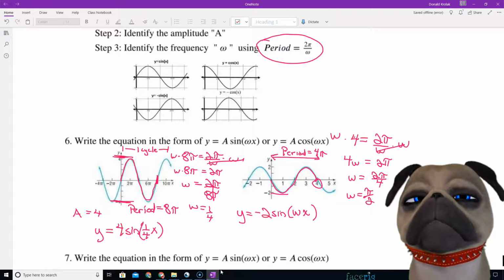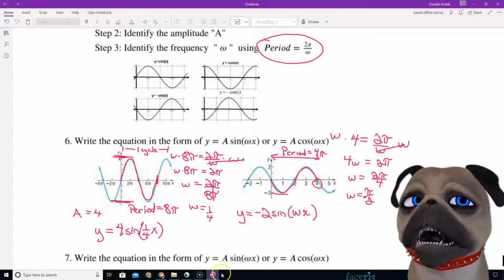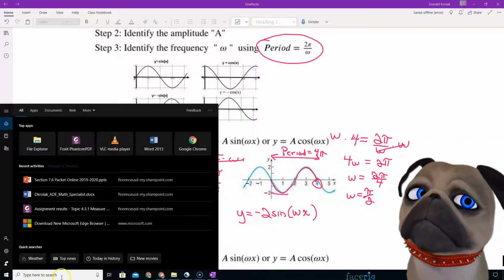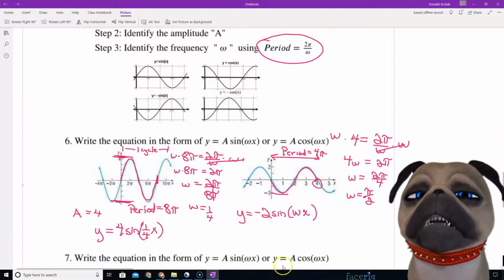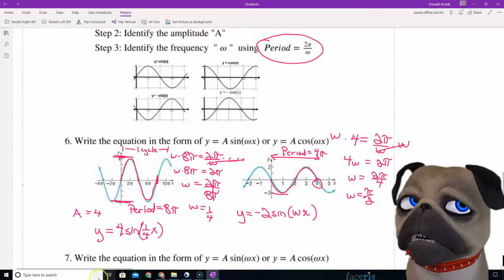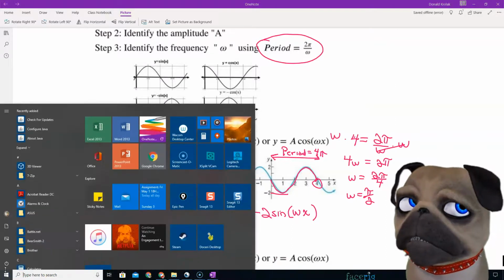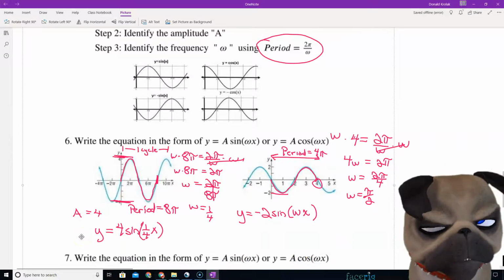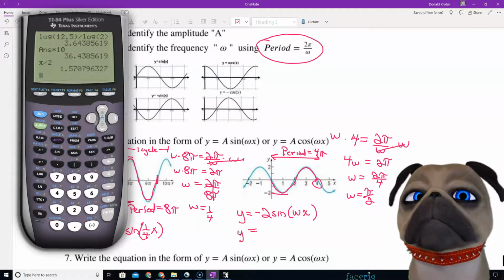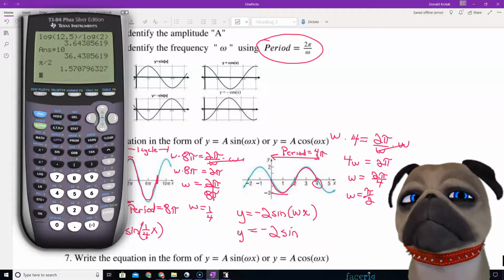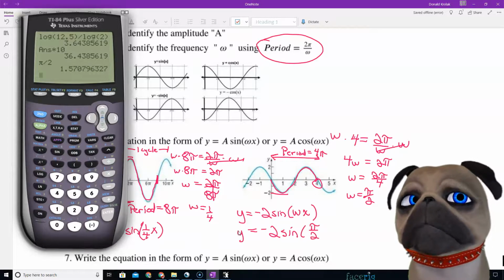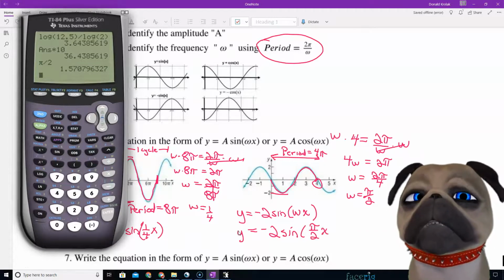That gives pi over 2. So my omega is pi over 2, and then x.